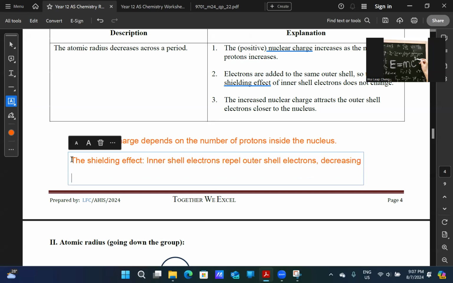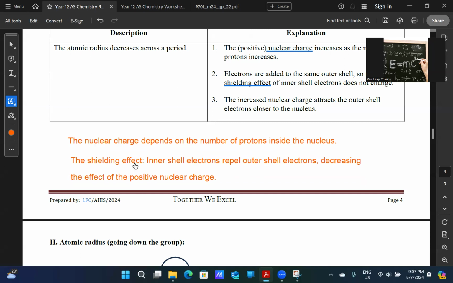decreasing the effect of the positive nuclear charge. Look at here.